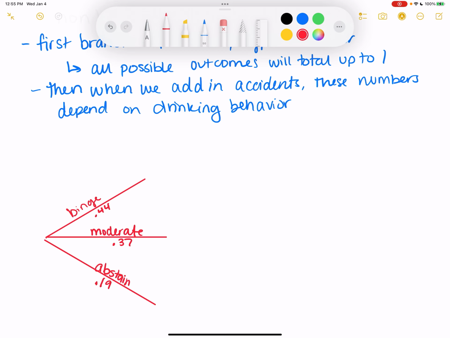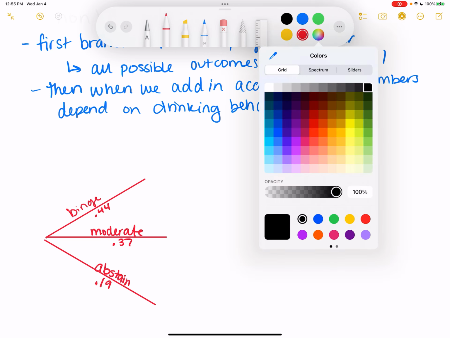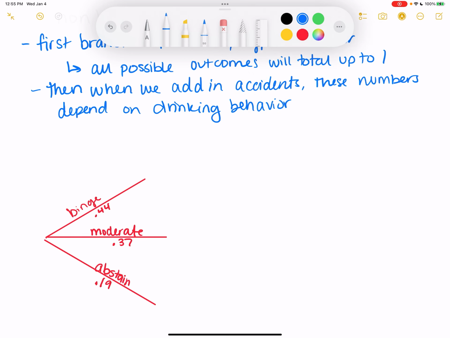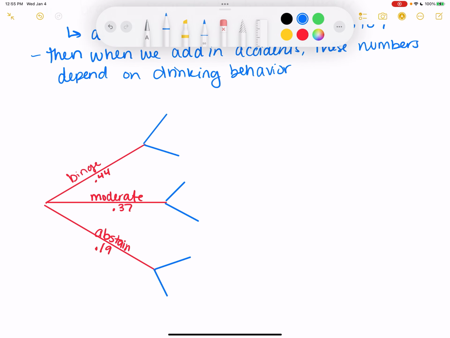But then we have to add in the accidents based on the drinking behavior. So we then, off of each branch, have 2 possible ways that it can go. So basically, we can have an accident or none, like no accident.